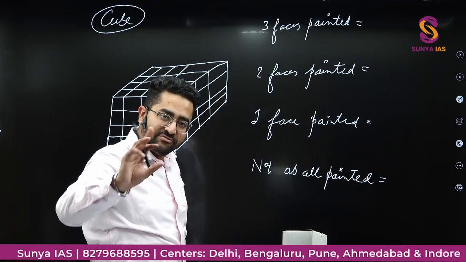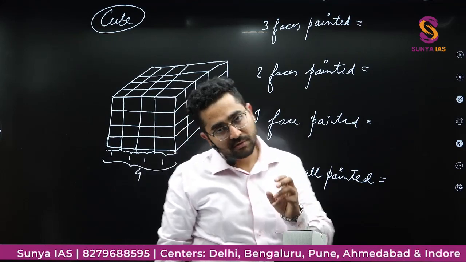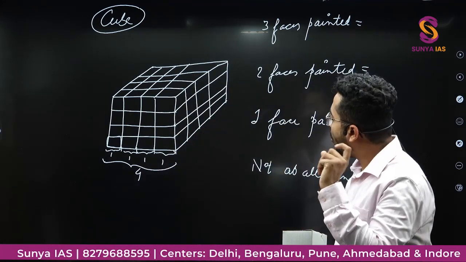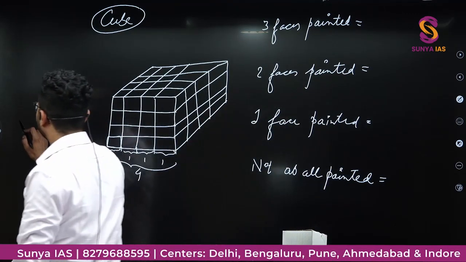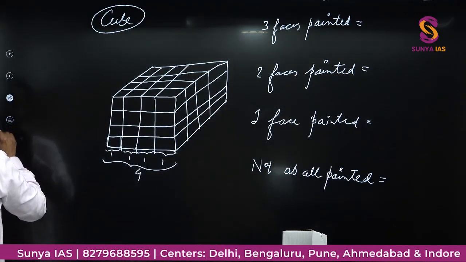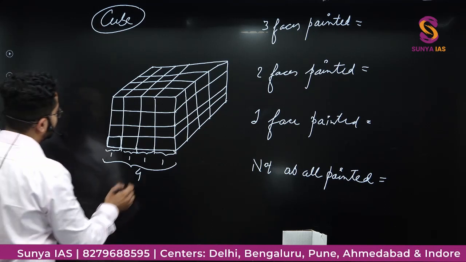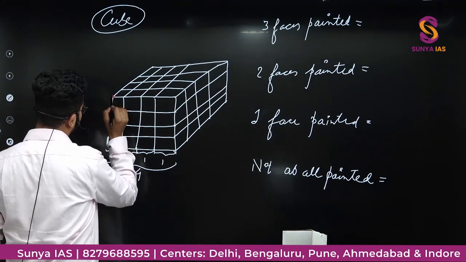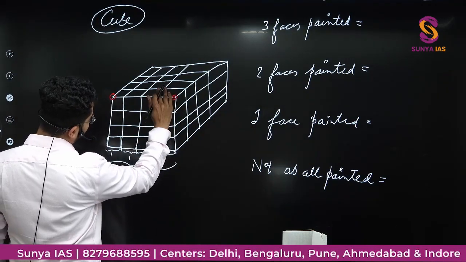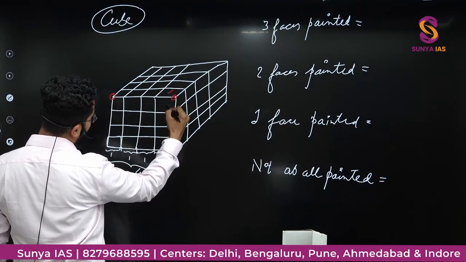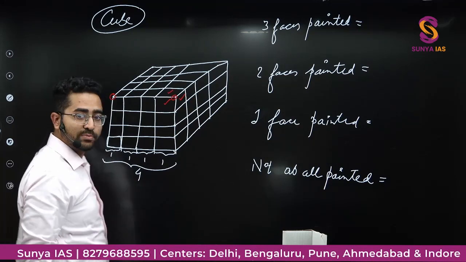So if we want to find out the cubes whose all 3 faces are painted, then those cubes will be at the corner, like this cube. If we see this corner cube, this face is painted, this face is painted, this face is painted.